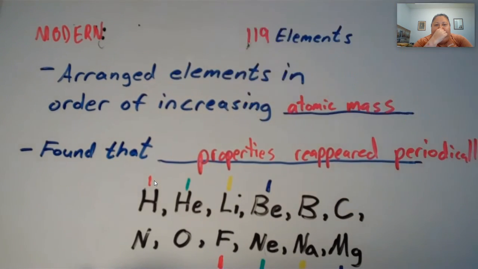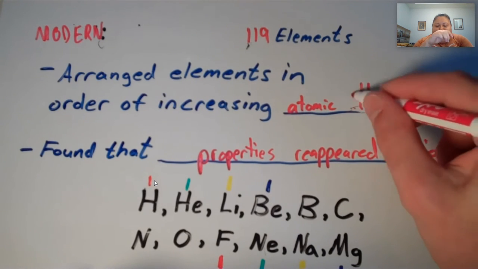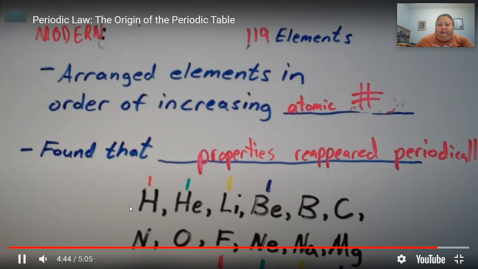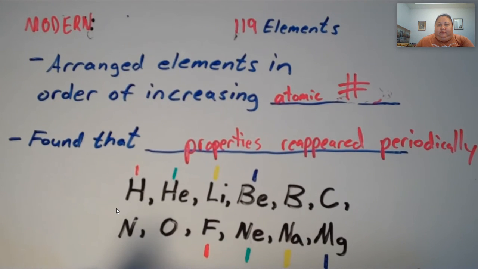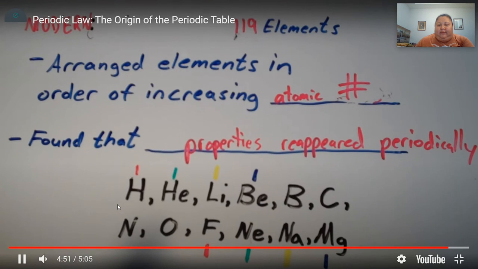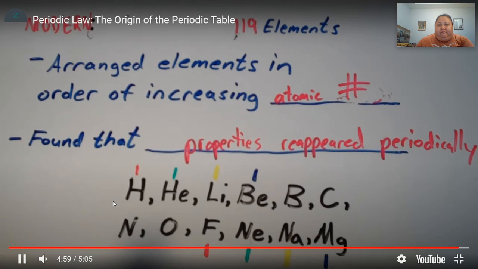And another difference is that the elements are actually arranged not in order of increasing atomic mass, but in order of increasing atomic number, or the number of protons in the nucleus. So if you consult your periodic table and you look up a column of the periodic table, those elements that make up that column are going to have some of the same properties.